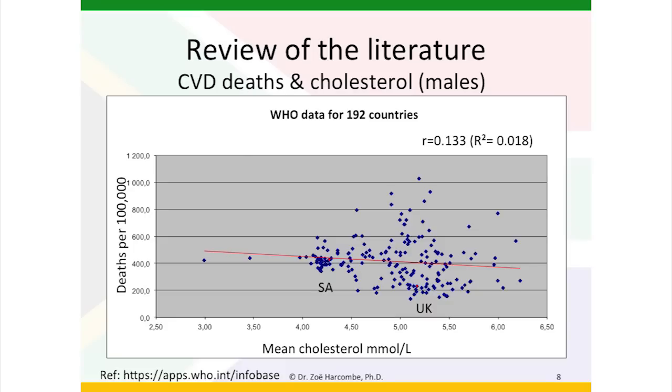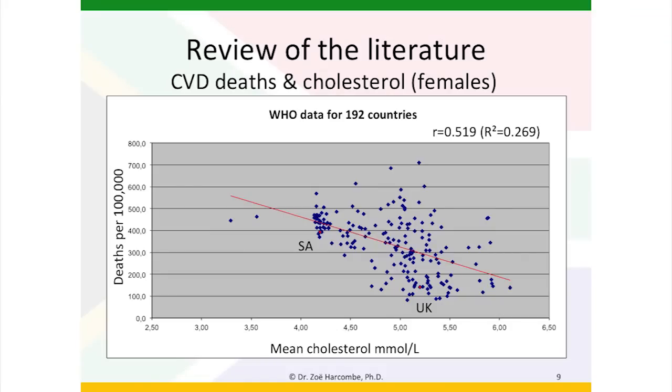Now, the trend downwards is not strong. The R is 0.133 and the R squared, conversely, is 0.018. That gives us an indication of the strength of the relationship, but the trend is quite clearly downwards and not upwards, as we have been told.